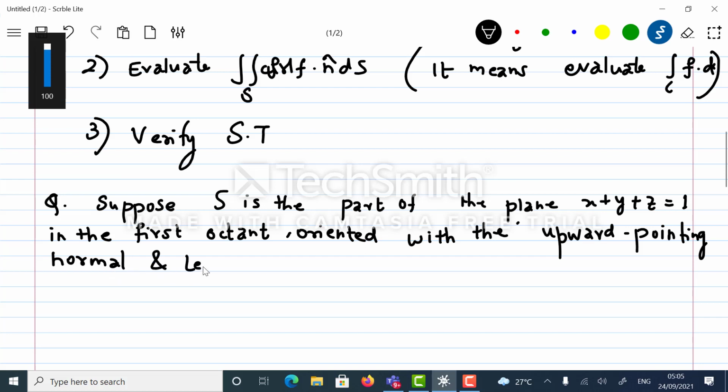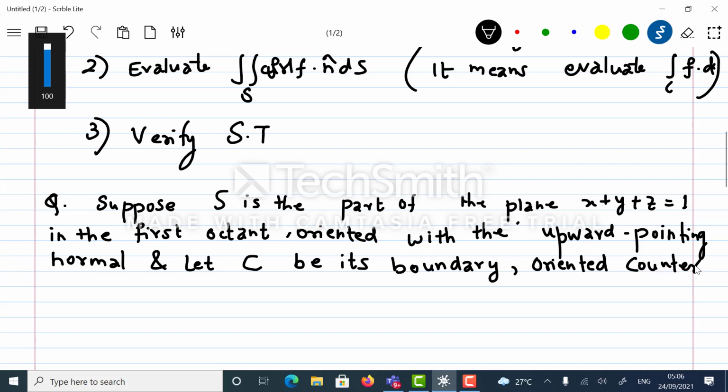and let capital C be its boundary, oriented in the counterclockwise direction. Counterclockwise means anti-clockwise direction.